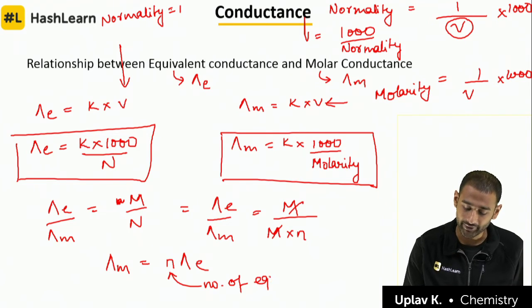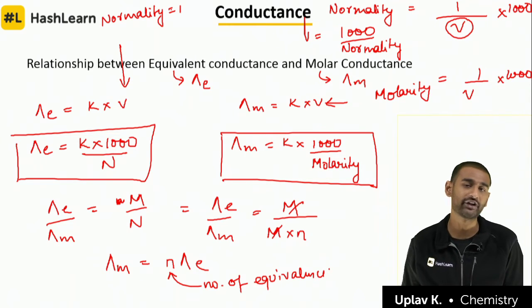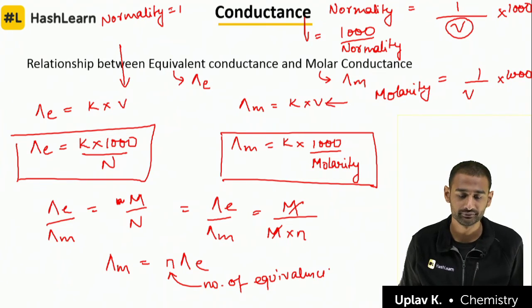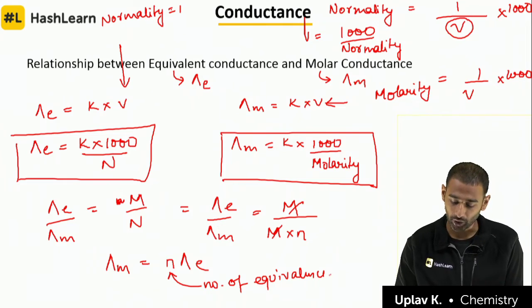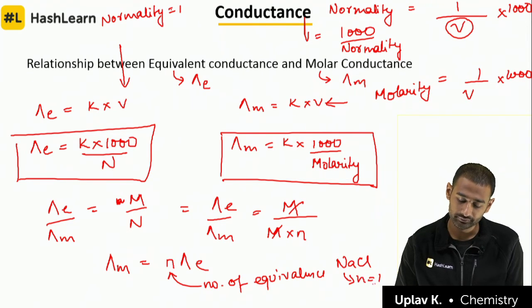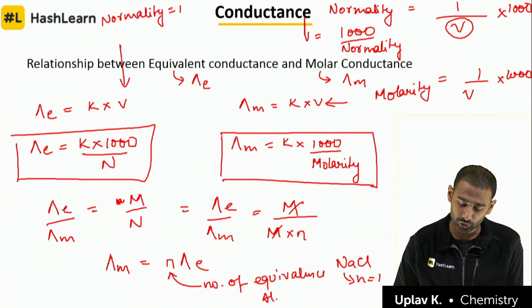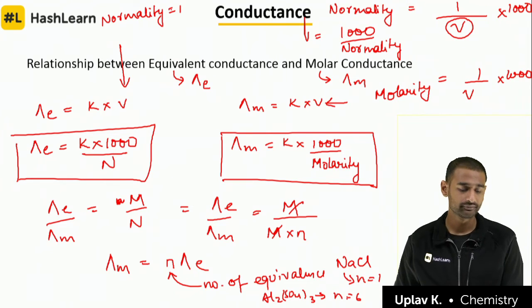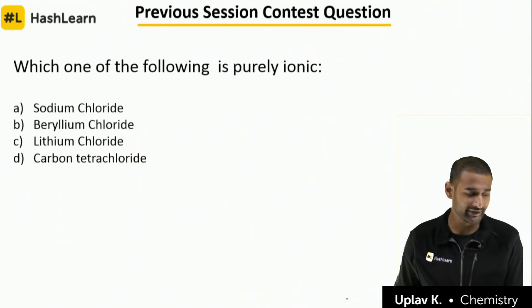For an electrolyte, the number of equivalents is basically equal to the total positive charge or the total negative charge. If I am talking about something like NaCl, NaCl has N equal to 1. If I am talking about something like Al2(SO4)3, in this case N will be equal to 6. So that's all about this.